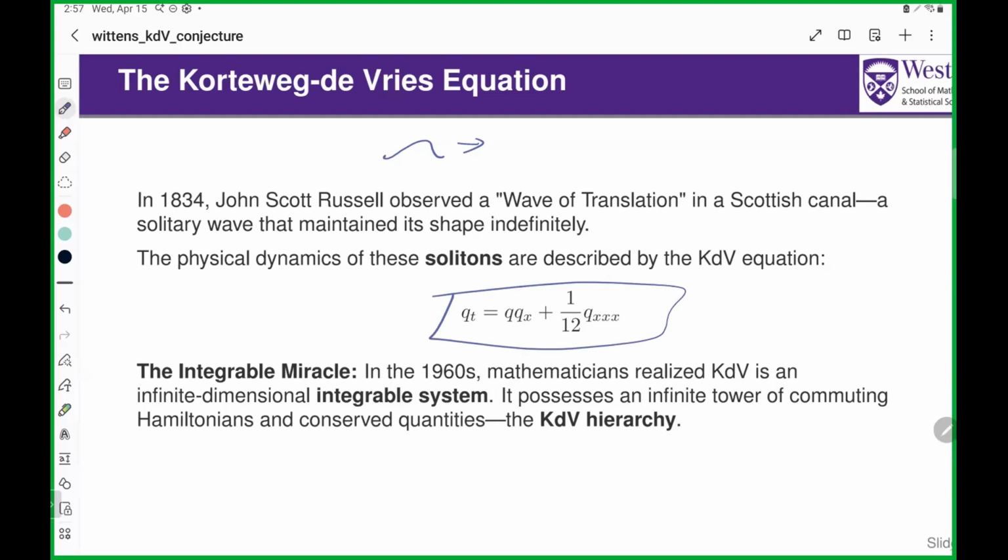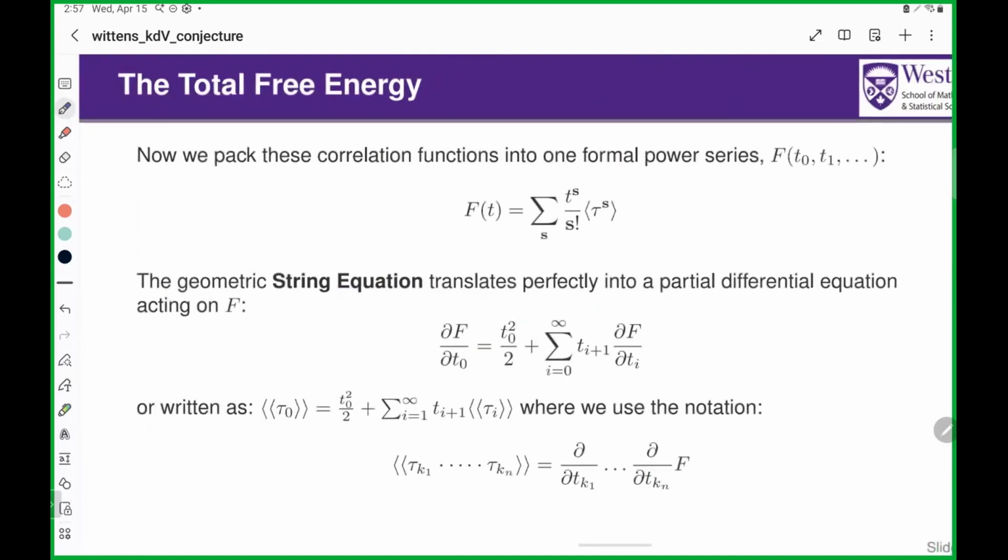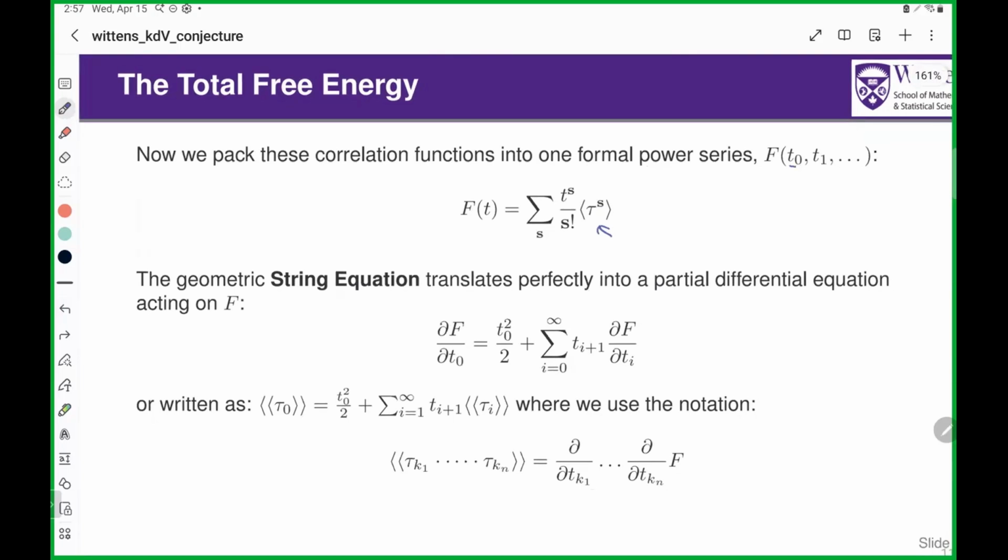So I'm going back now to the cohomologies. What we're going to do is take all of the correlation functions. Here they are. And this S here, it's supposed to be a bold S. It's any index. So this here represents any possible correlation function. What you're going to multiply it by are these variables.